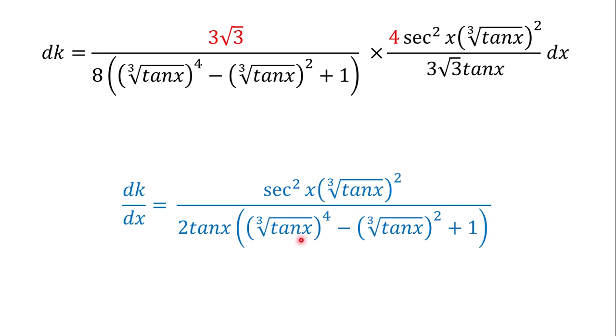So when we differentiate it, this is what we are going to get. Now here, this one, we will work on it again. That is why I've highlighted it. Alright, now let's move on to the C part.